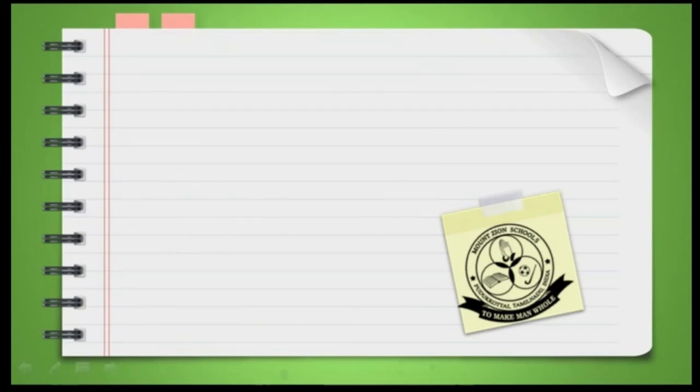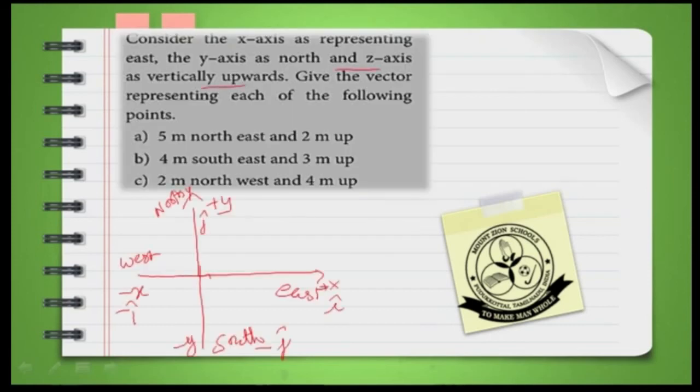So the object moves 5 meter towards northeast. So here the diagram would be, if you take this as north and this x-axis as east, towards northeast, the displacement will be in this direction.